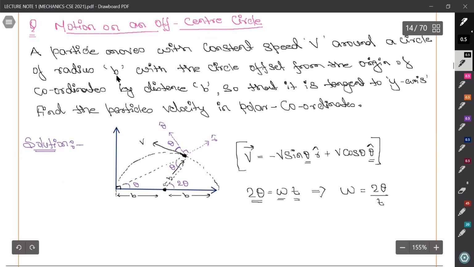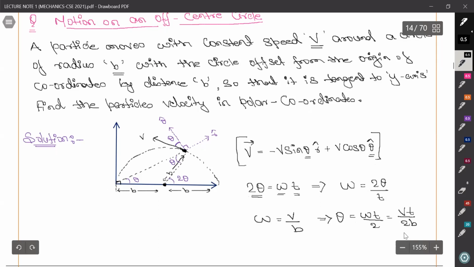Also, it is mentioned that its radius is b and its velocity is v. So we also know that omega equals v by b. Just substitute all these things and we need to find theta. So theta will be omega t by 2, and omega is v by b, so this will be vt by 2b.